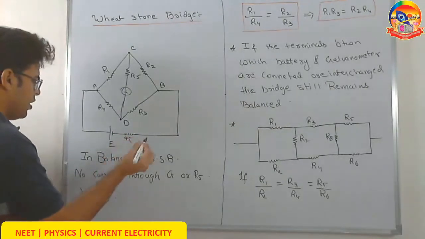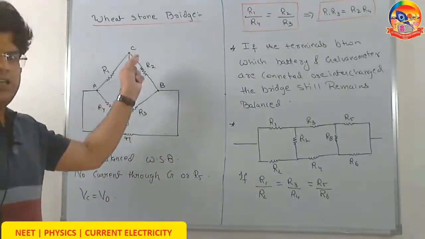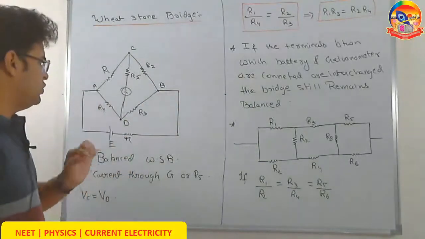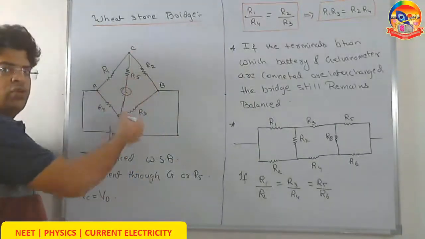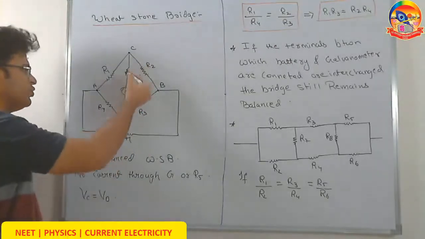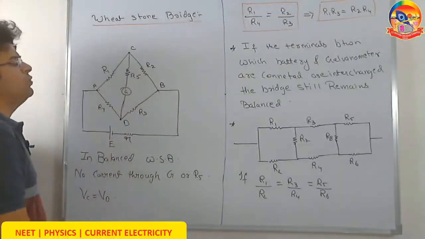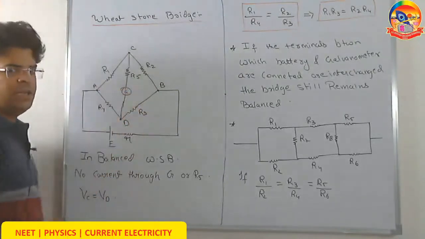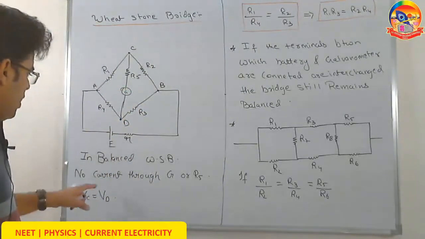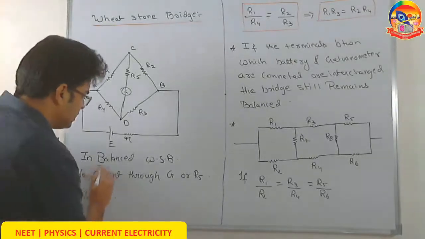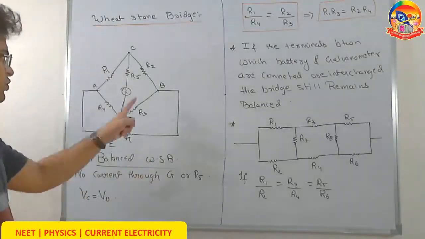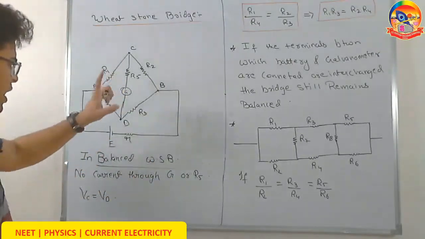Now this particular Wheatstone bridge is said to be a balanced Wheatstone bridge when no current flows through R5. If no current flows through R5, no current flows through the galvanometer, and you don't find any deflection in the galvanometer. So in a balanced Wheatstone bridge, no current flows through the galvanometer or R5.